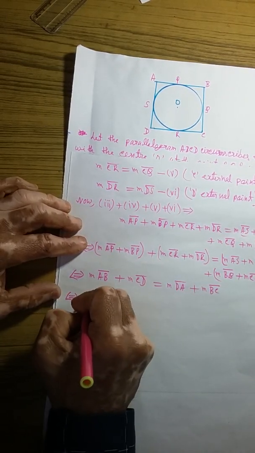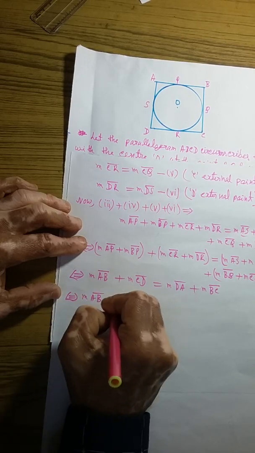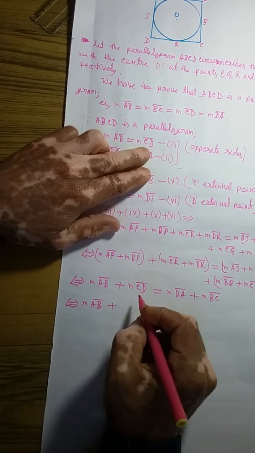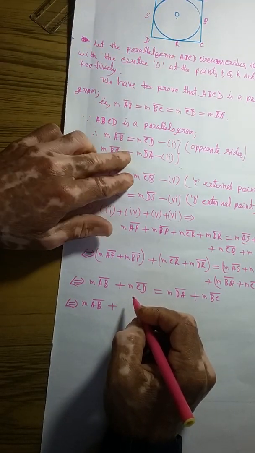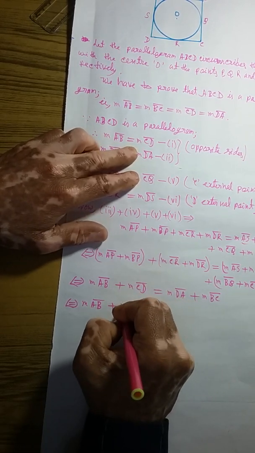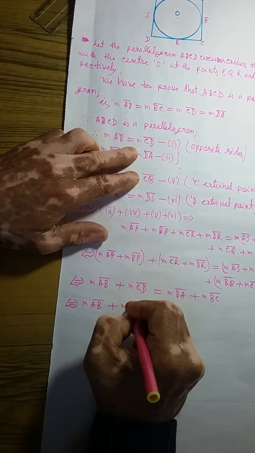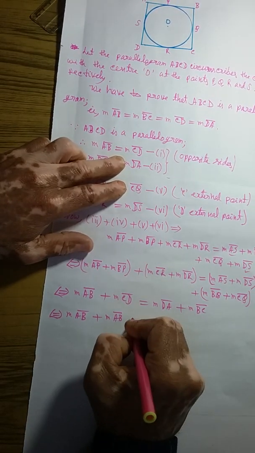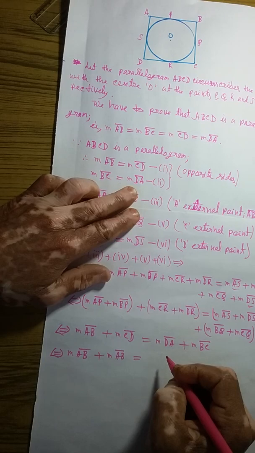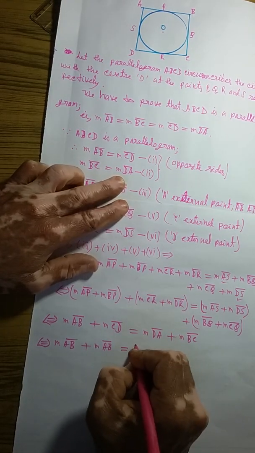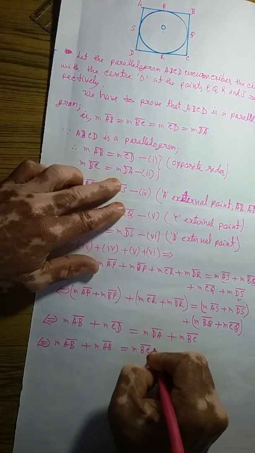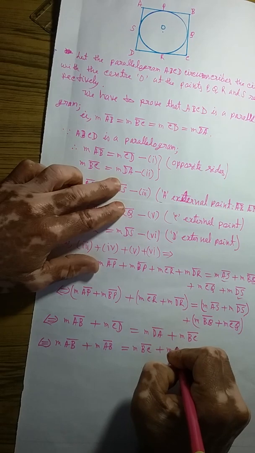This again implies measure of AB plus, we know that measure of AB is equal to measure of CD since ABCD is a parallelogram. So in place of measure of CD we will now write measure of AB, is equal to measure of DA. Since measure of BC is equal to measure of DA, therefore we will write in place of measure of DA measure of BC, plus measure of BC.